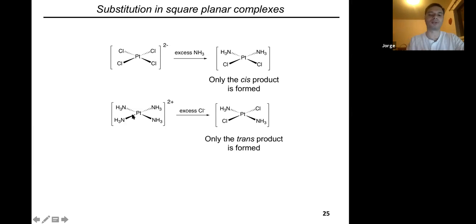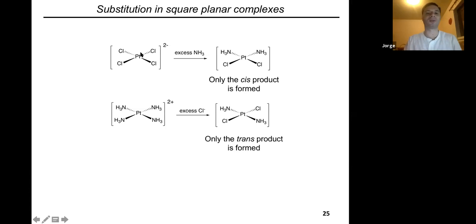Platinum 2 plus is a D8 metal complex, and D8 configurations usually form square planar complexes, especially the heavy atoms from group 10, which are palladium and platinum. They usually form square planar complexes.